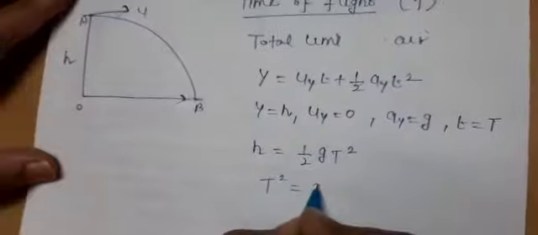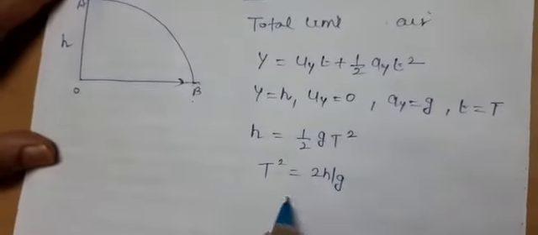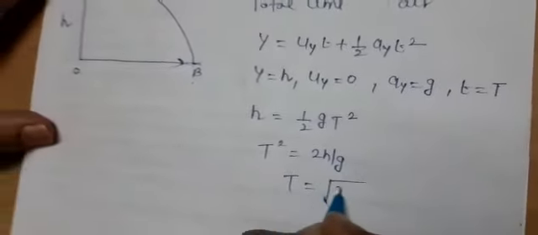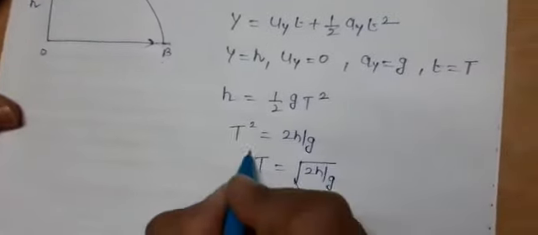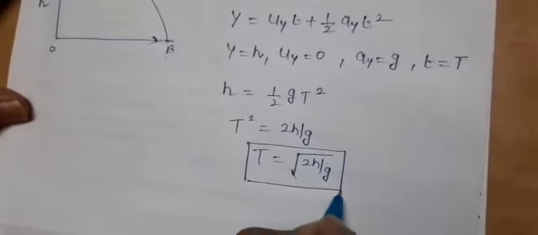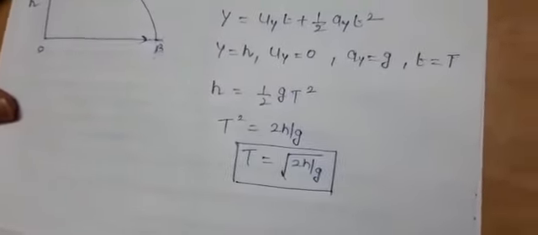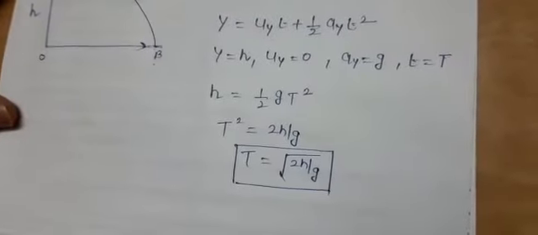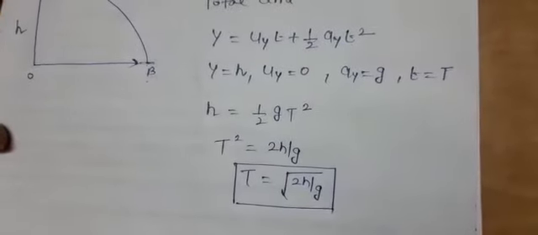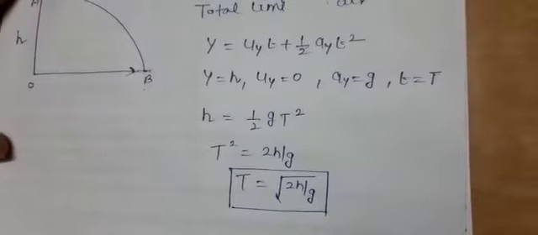So t square will be 2h upon g and t will be under root of 2h upon g. So this is the time of flight we have taken for horizontal projection.